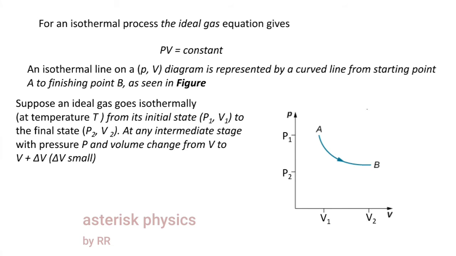The elementary work done, delta W, is equal to P into delta V. Taking delta V tending to 0 and summing the quantity delta W over the entire process, we get the total work done equals the integral from V1 to V2 of P dV, which is equal to mu RT into the integral from V1 to V2 of dV by V.